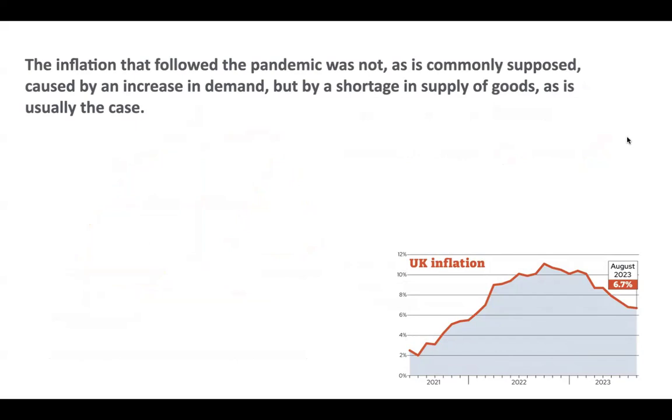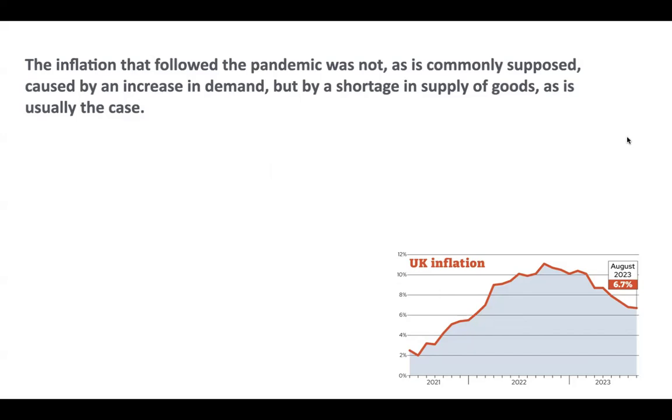And in fact, this is usually the case whenever there's been inflation. It's largely a supply side problem, and therefore increasing interest rates to slow down demand may not necessarily be the right way to go about things.